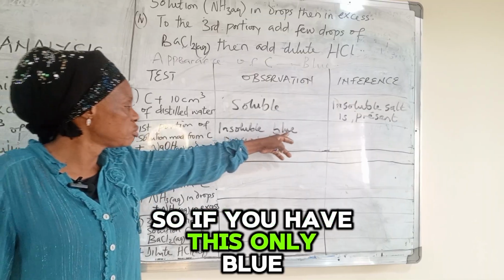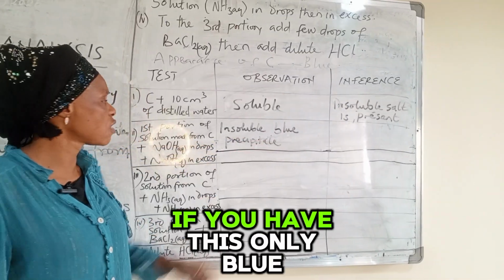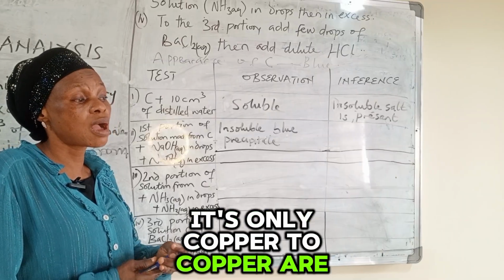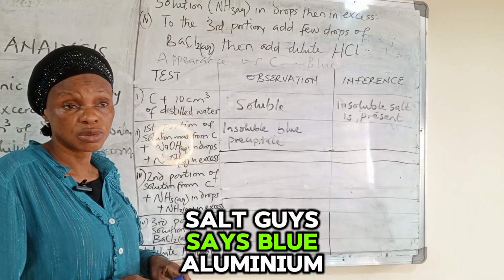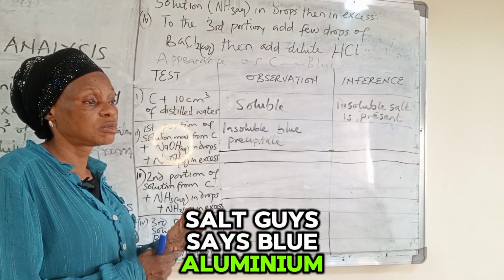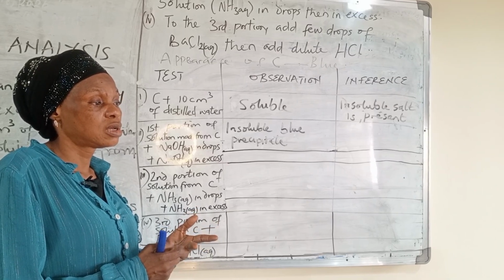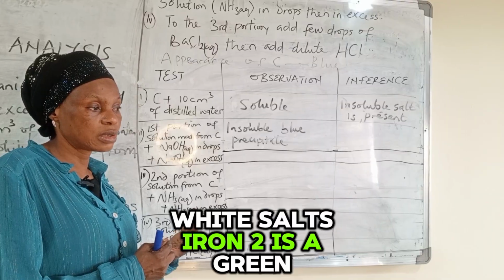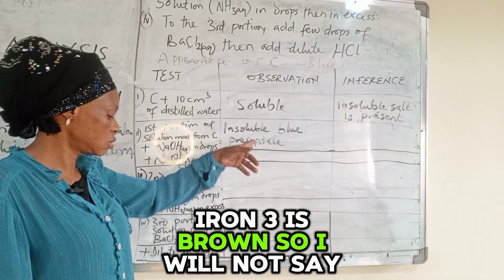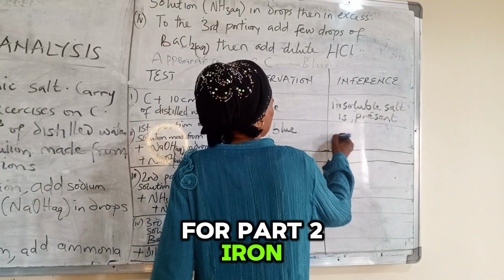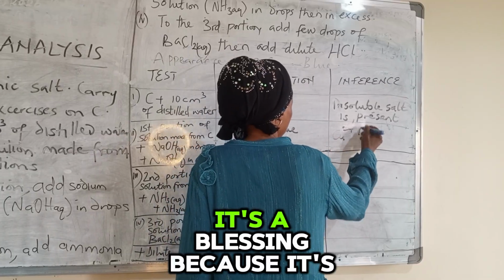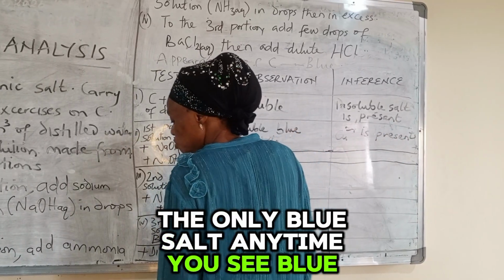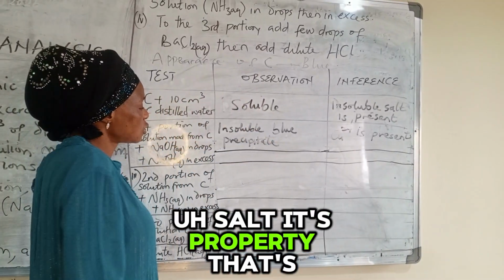If you have insoluble blue precipitate, it's only copper salt that is blue. Aluminium, lead, zinc, and calcium are white salts. Iron 2 is green, iron 3 is brown. So I will say copper 2 ion is present, because it's the only blue salt. Anytime you see blue salt, it's copper 2 that is present.